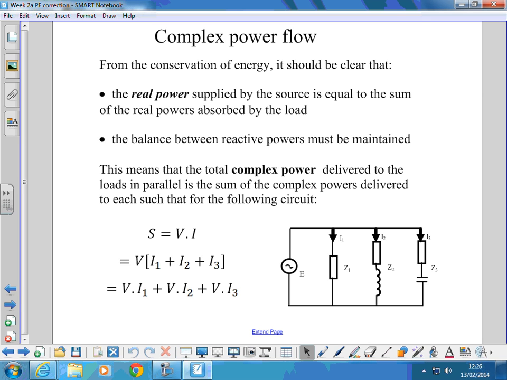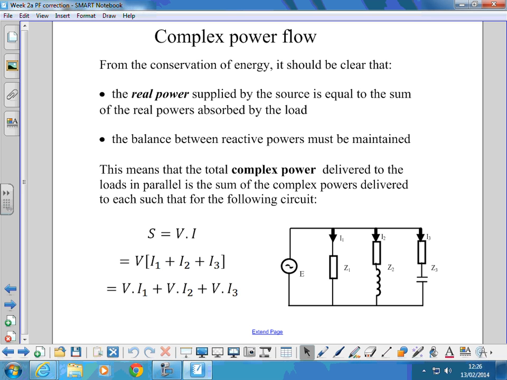And then we can, if we want to, multiply out those brackets and say that S is equal to VI1 plus VI2 plus VI3. However, it is a little bit more complex than that, because these 2 impedances are complex in nature. They've got a real part, the resistance, and an imaginary part, either the inductance or the capacitance.